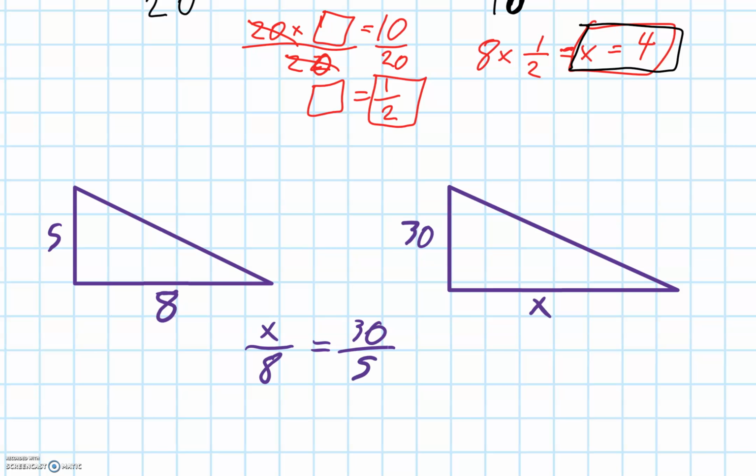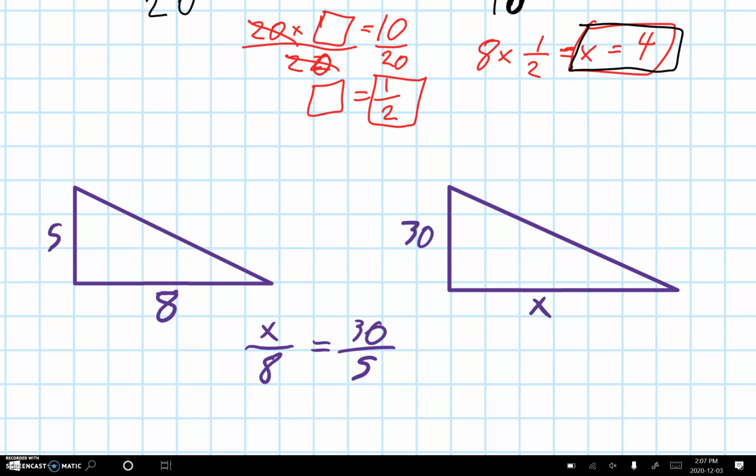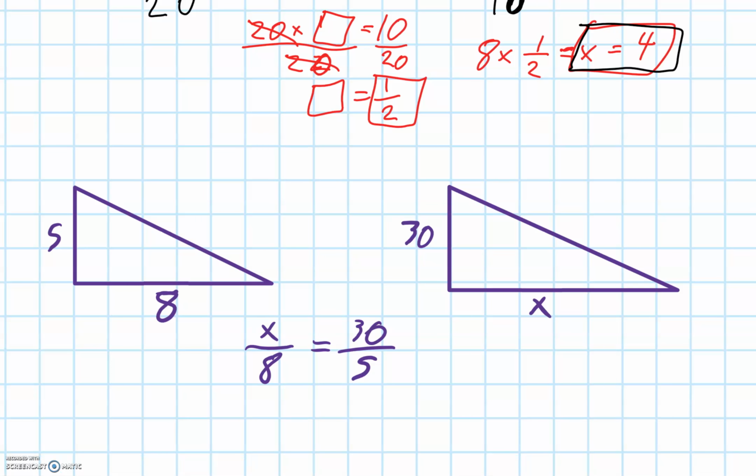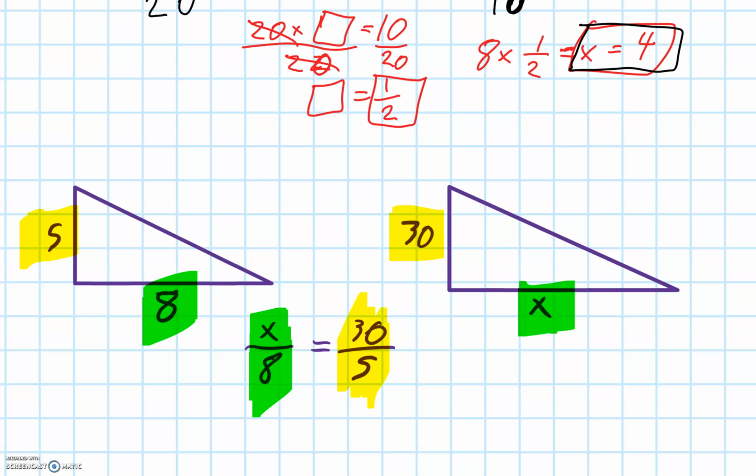And so what you're doing is you're comparing the sides. So this side is related to this one, so that's why they go up and down. And this side is related to this one, so it goes left to right. Or up and down on the left side, sorry.